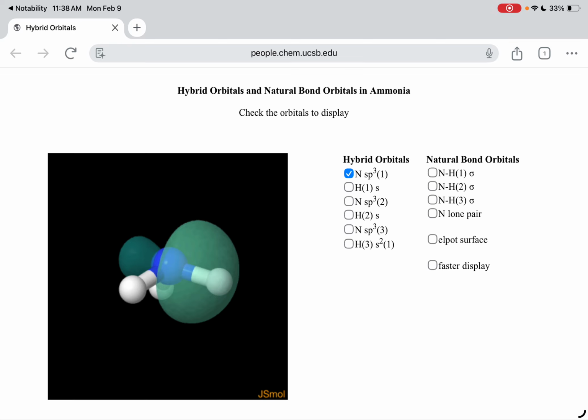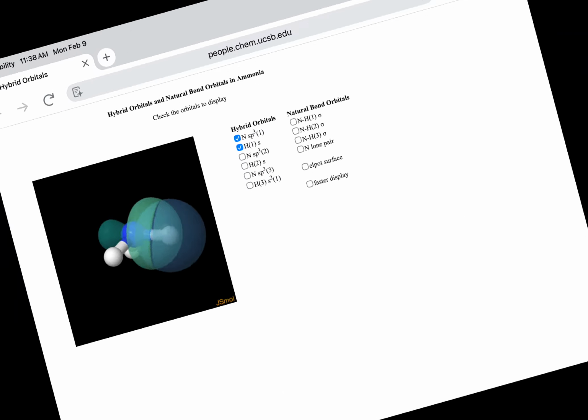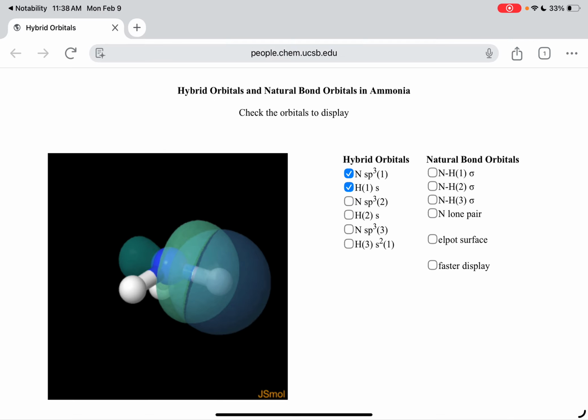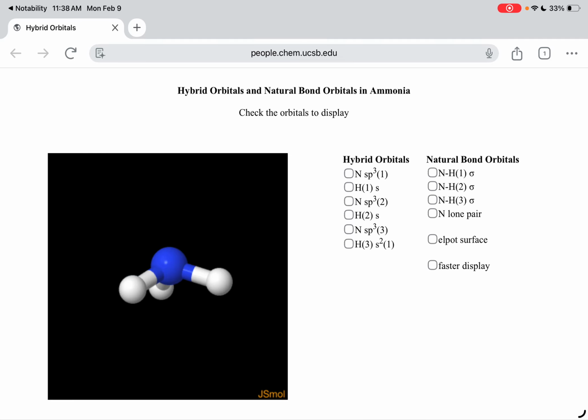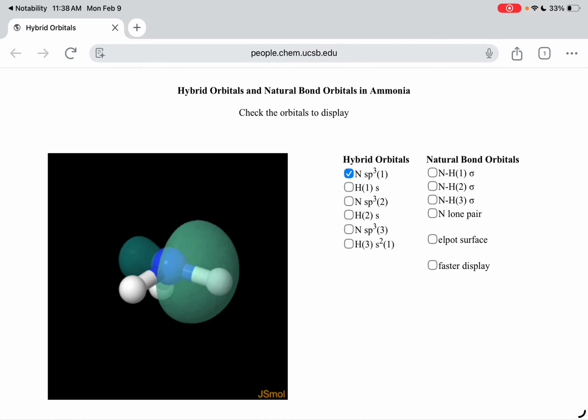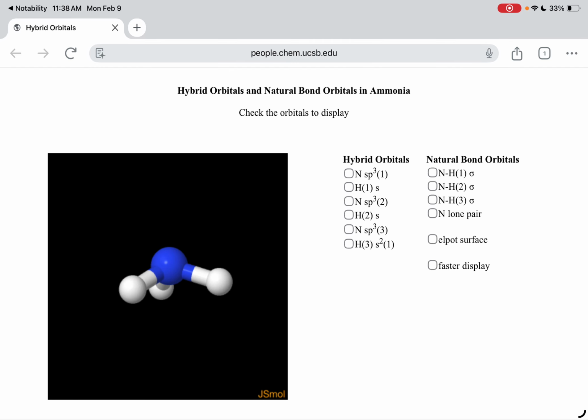In fact, I can turn on the orbital for hydrogen and show you how that hydrogen overlaps with the nitrogen. Okay, that's the sigma bond that I was talking about. So this is an orbital on nitrogen, and it overlaps directly with that hydrogen's orbital, and that creates the sigma bond.